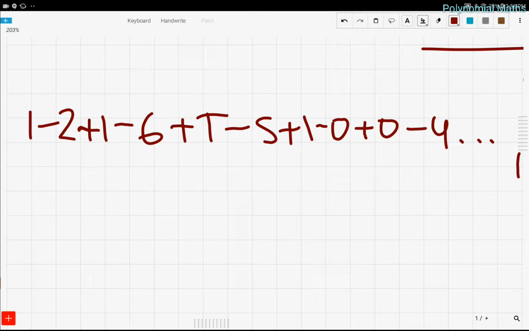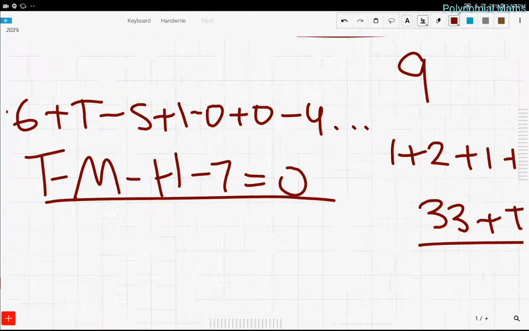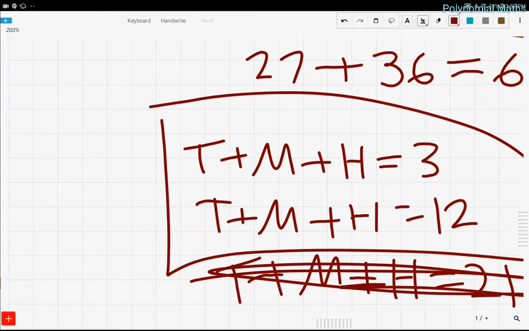Evaluating this alternating sum leaves us with T minus M minus H minus 7 equals 0. So now we have 2 equations, kind of, and we can use these to narrow down these 2 possibilities and finally find our answer.